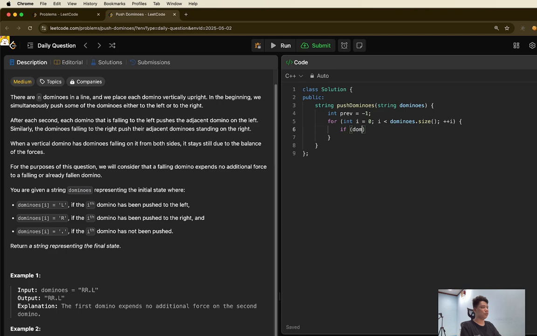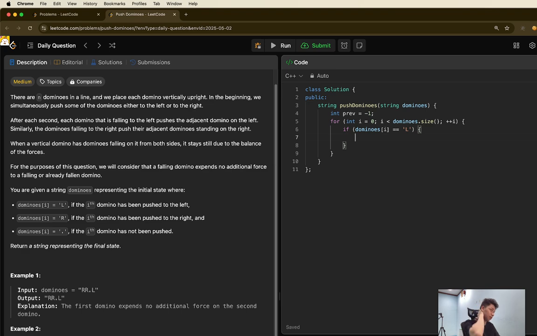If Dominoes is equal to left, in this case let's check. I assume that E is the next element here and the 3 is this element.